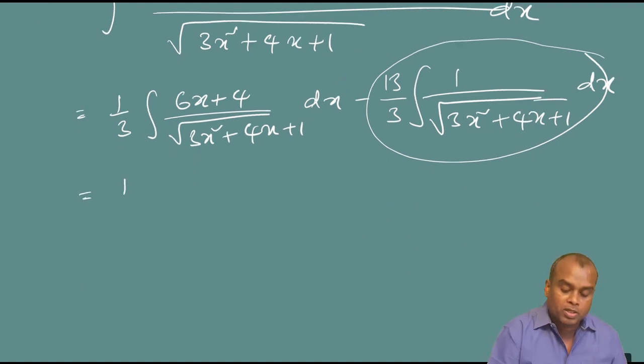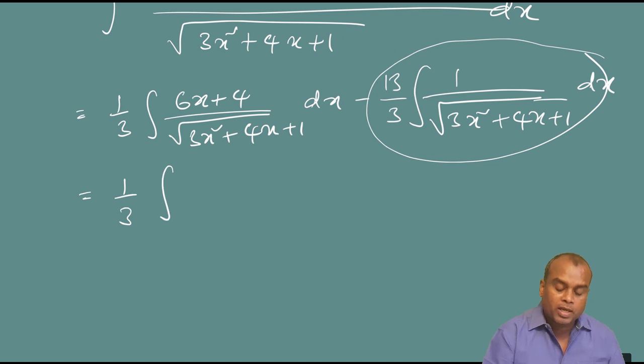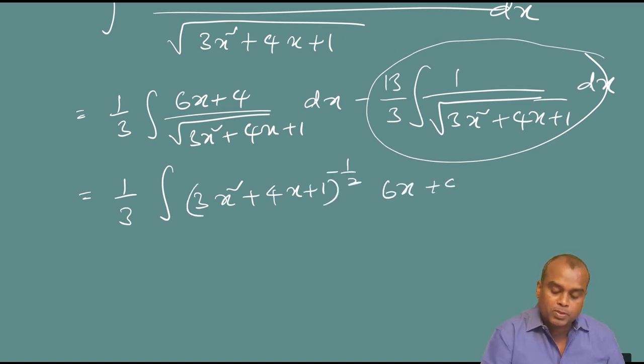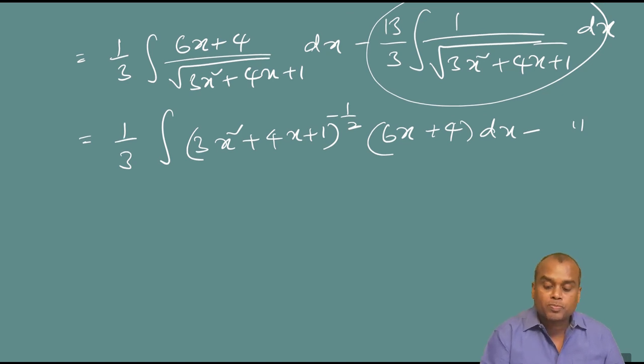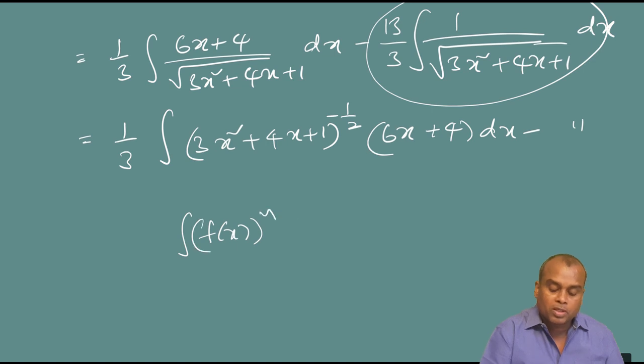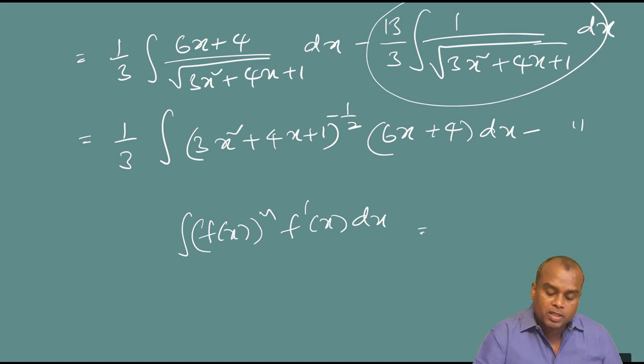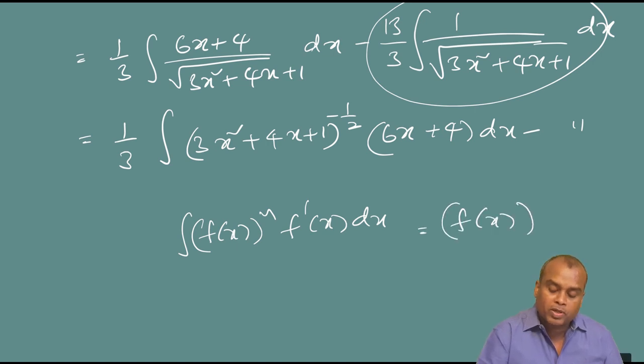I want you to observe that the first part I can write as 3x square plus 4x plus 1 whole power minus 1 by 2 into 6x plus 4 dx, and the second part as it is. Now observe that the first part is of the form integral f of x whole power n into f dash of x dx. So we know that this integral is nothing but f of x whole power n plus 1 by n plus 1.